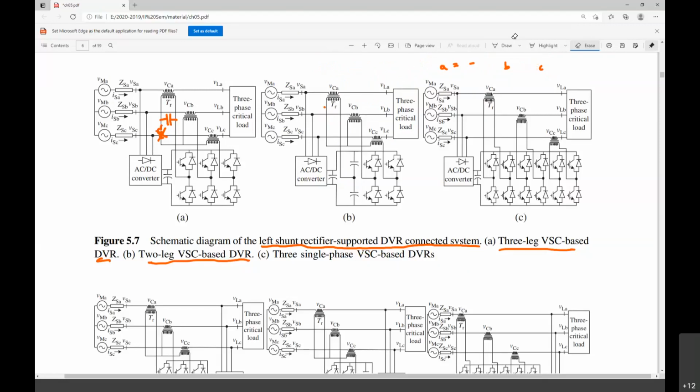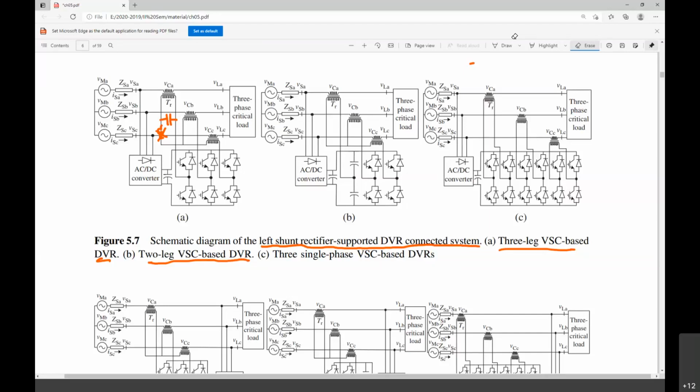This topology is suitable for a balanced voltage sag condition. If you have any further doubts about how it compensates the voltage in one of the phases, you have to do the analysis of the entire inverter also.